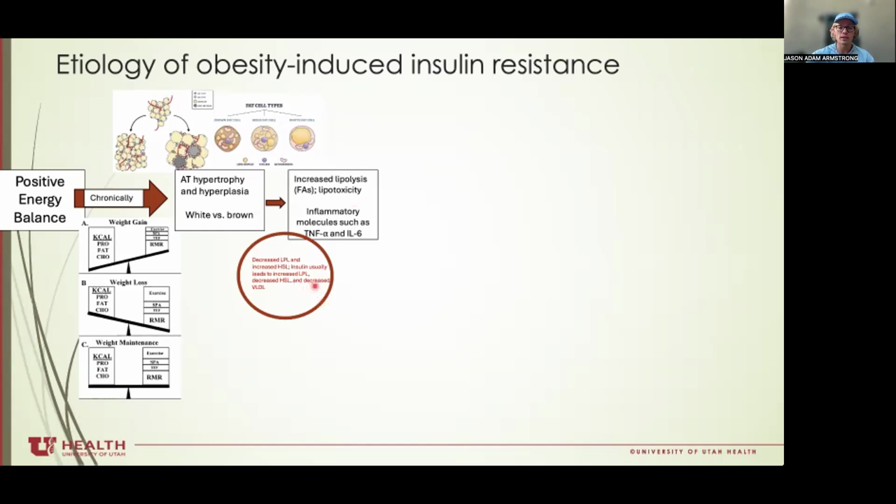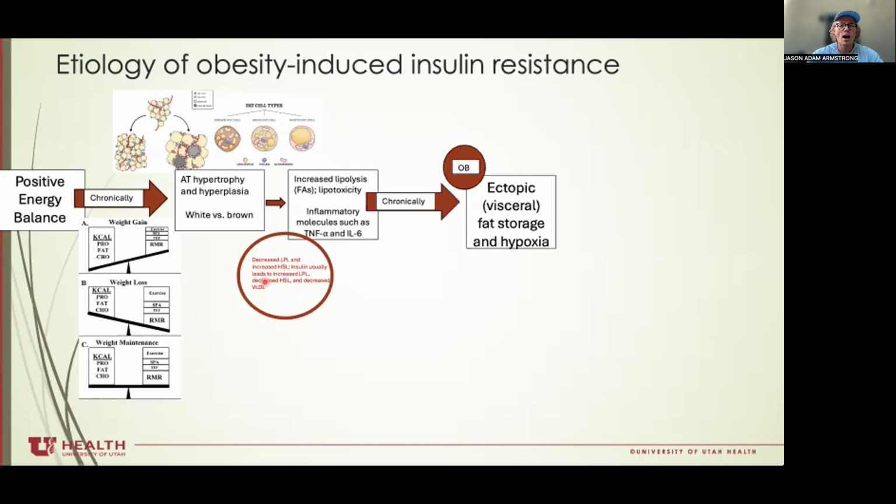We also see down here that generally insulin would cause decreased VLDLs. In this instance, it's actually causing increased VLDLs. So in a healthy response, we would see decreased VLDL, but once we're at the point where adipose tissue is no longer healthy, adiposopathy, then I'm actually seeing increased VLDL production.